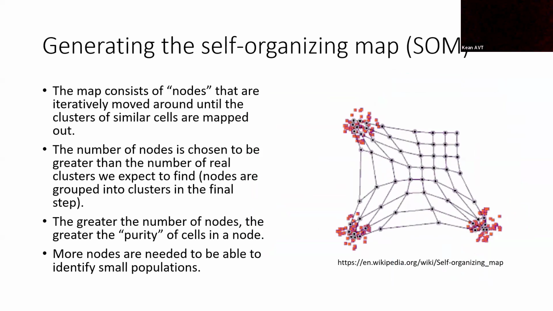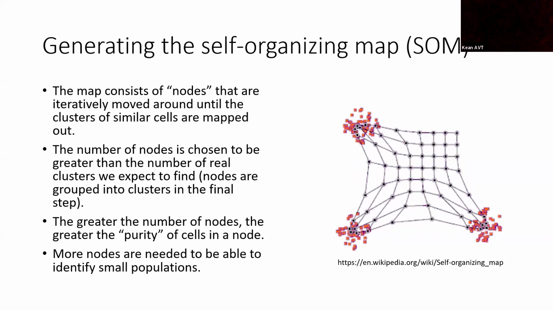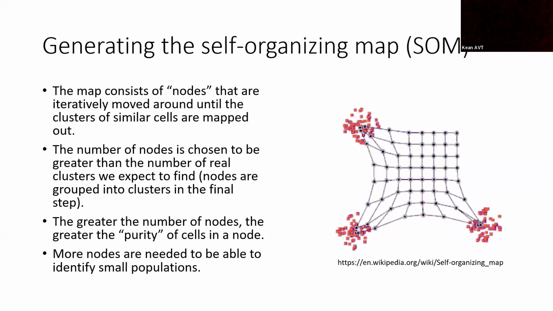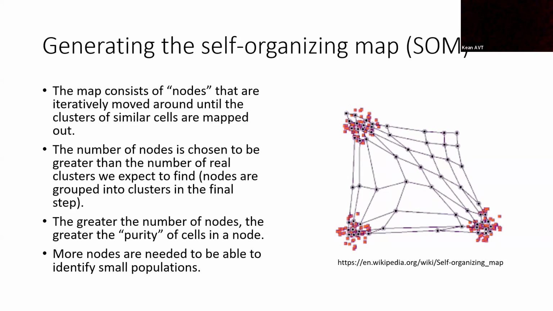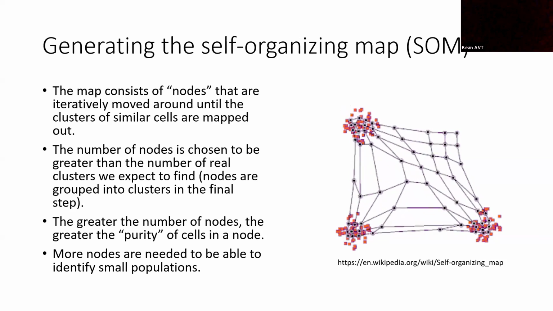Basically this works through an algorithm that creates a series of connected nodes, and it iteratively pushes these nodes around to find the data clusters until it's fit, and then that's the embedding that can be applied to additional cases.